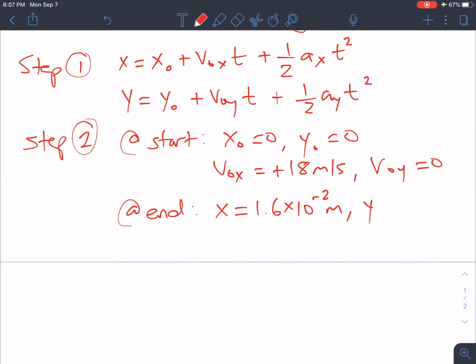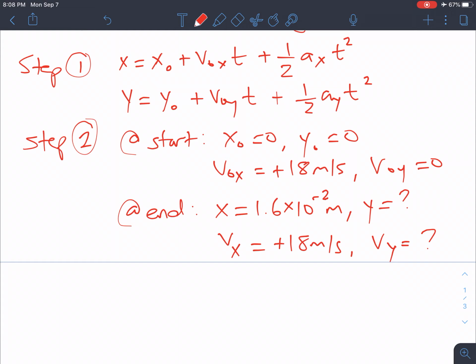And y is unknown, right? So it's simply y, or you can just put a question mark. And we want Vx, let's write the x first. Vx is the same because it's not changing, so it's positive 18 meters per second. And Vy is unknown.